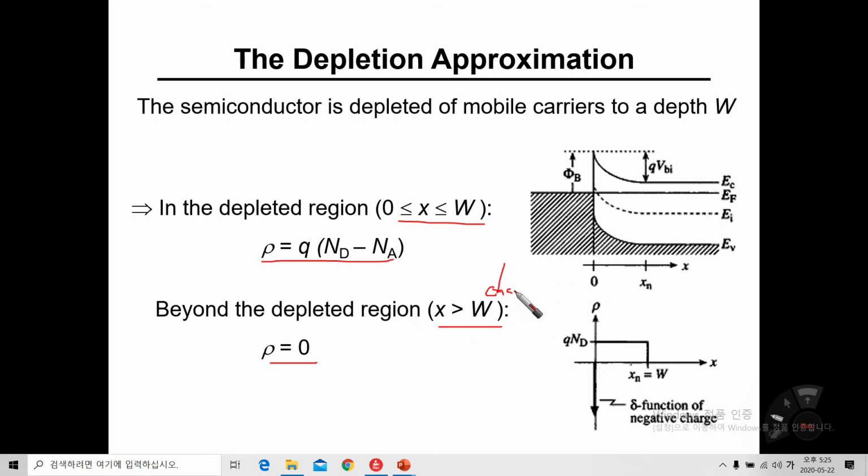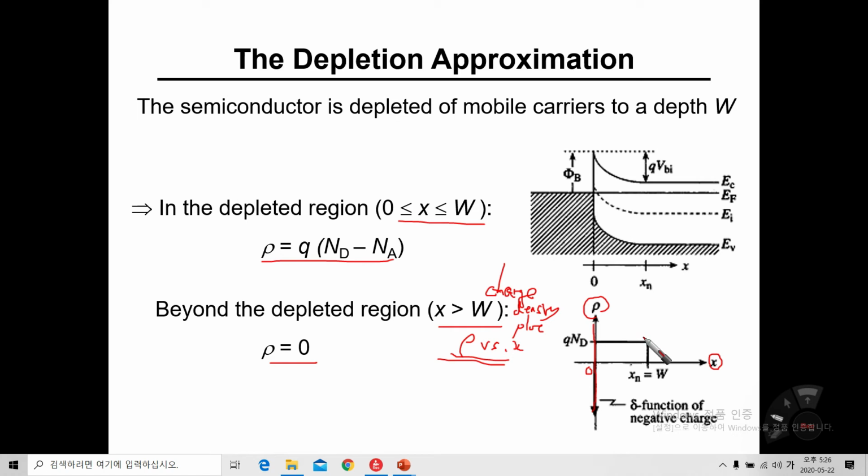The charge density plot, which means rho versus x. Let's draw it. Here, the y-axis indicates rho, the x-axis indicates the position or displacement from the MS contact, and here is the interface at x of 0.